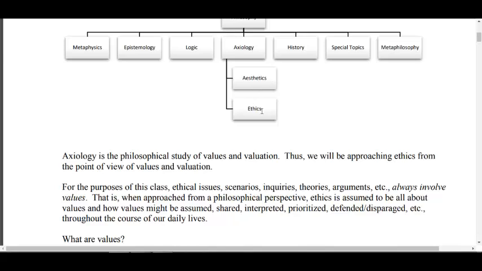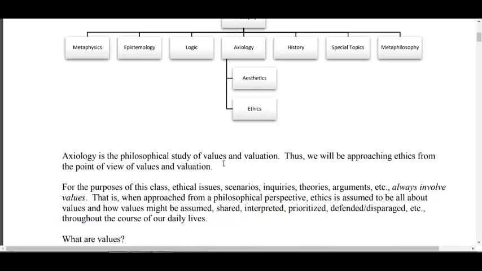Well, ethics also deals with values and valuation when you approach it in a philosophical way, and especially the way we are approaching it. Not every ethics class you take would approach it this way, but this is what we're going to do.